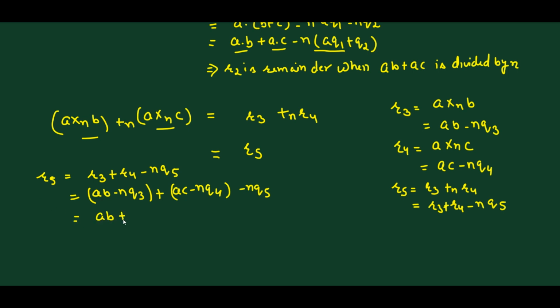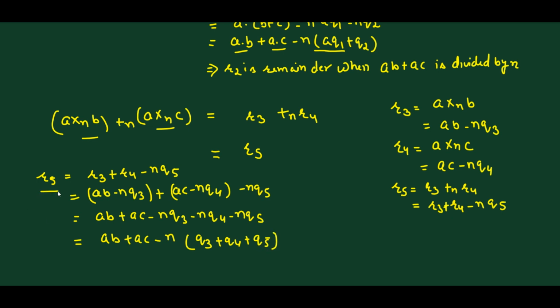AB plus AC minus NQ3 minus NQ4 minus NQ5. So it means AB plus AC minus N times (Q3 plus Q4 plus Q5).